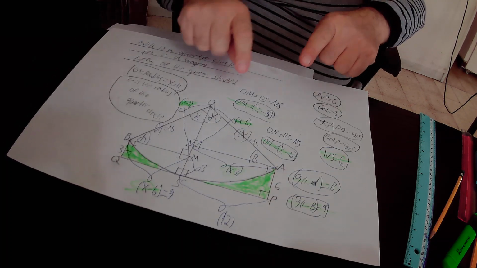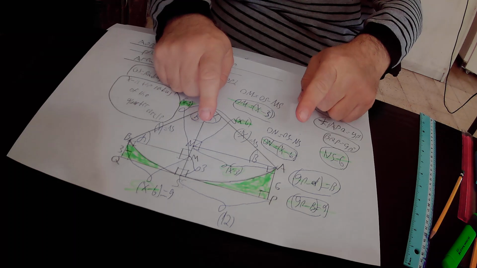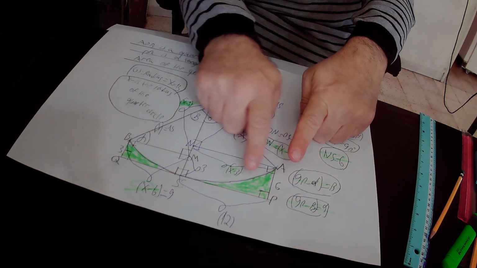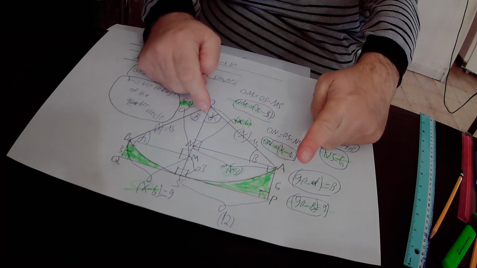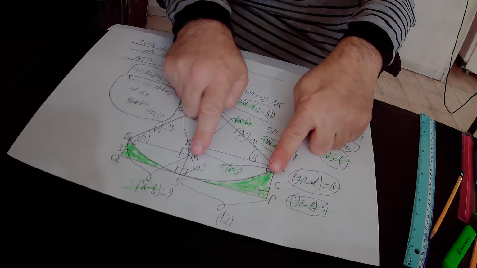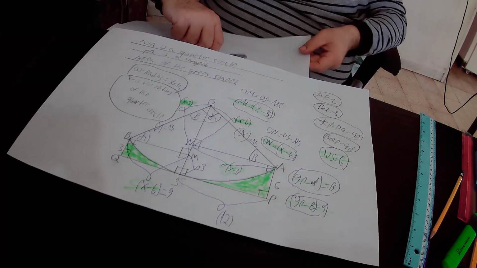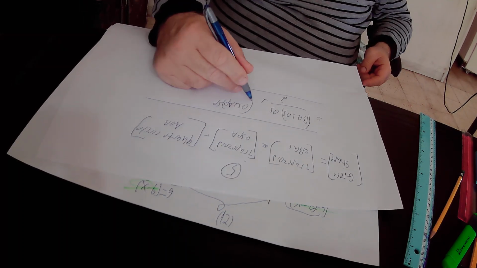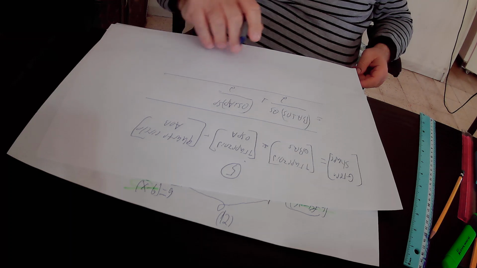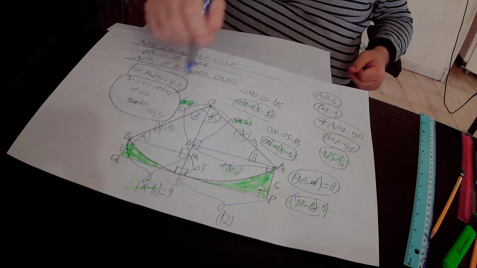Again, the height must create 90 degrees with the two bases. Side SP creates 90 degrees with the two bases, OS and AP. Therefore, side SP is the height, over 2, minus the area of the quarter circle AOB.